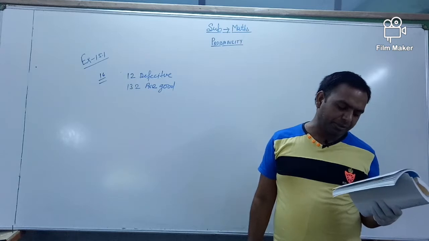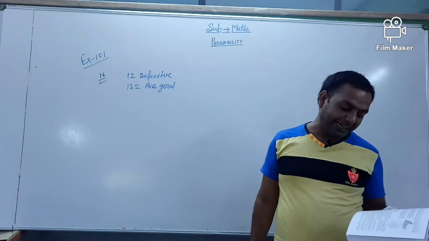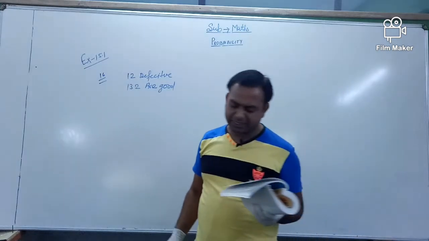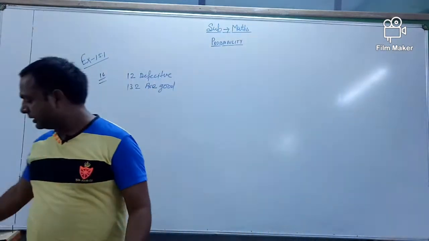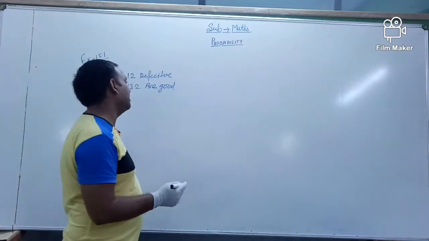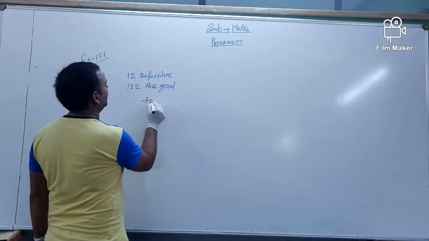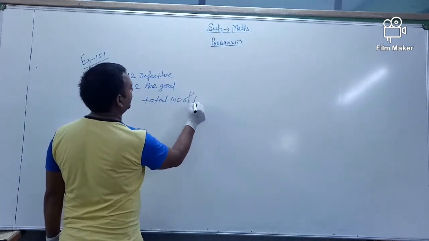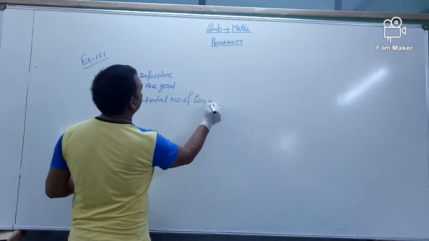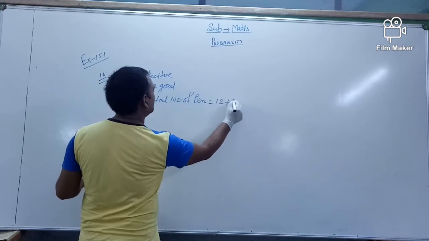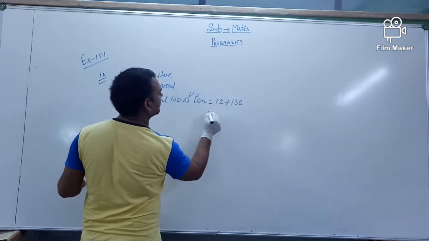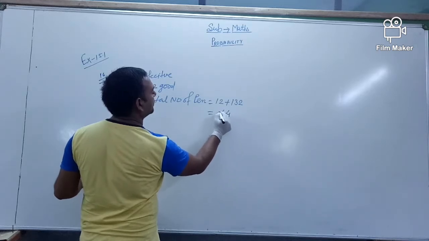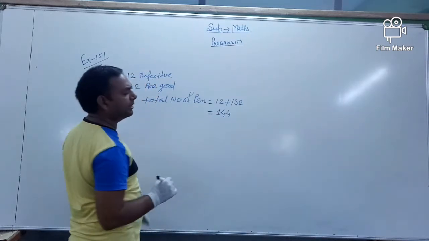One pen is taken out at random from this lot. Determine the probability that the pen taken out is a good one. Okay, so first we find the total number of pens. Here total number of pens is equal to 12 plus 132. So 2 plus 2 is 4, 3 plus 1 is 4, 1, total 144 pens.